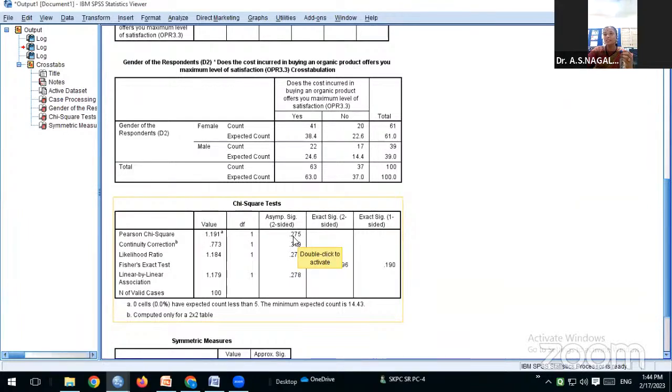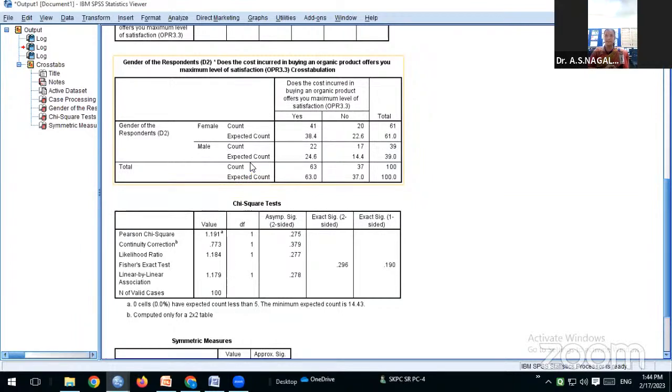Here it should be less than 0.05. The value must be less than 0.05. Here it shows there is no association between gender and the cost incurred for the satisfaction level of organic product.